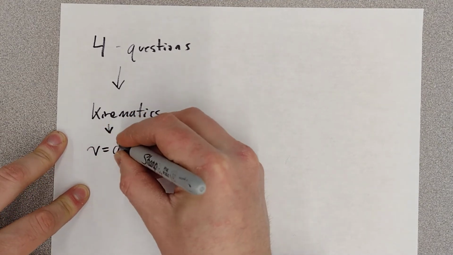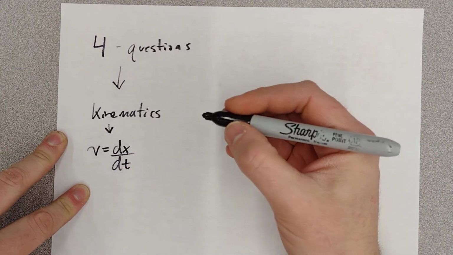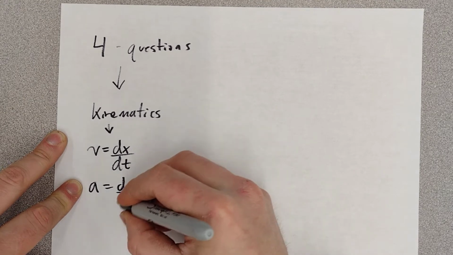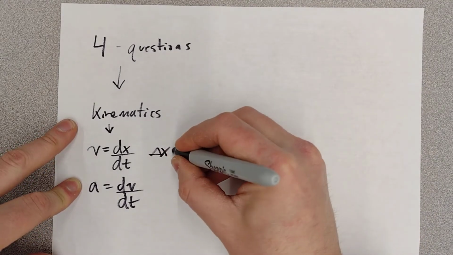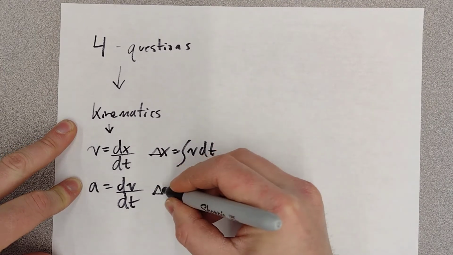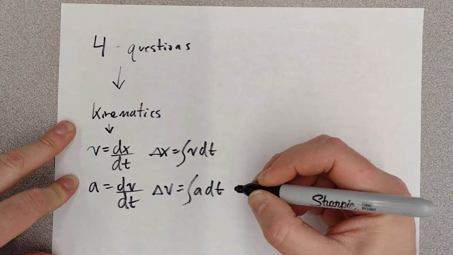velocity is the derivative of position with respect to time. I'm using x here for position. Acceleration is the derivative of velocity with respect to time. Displacement, delta x, is the integral of velocity with respect to time. And change in velocity is the integral of acceleration with respect to time.